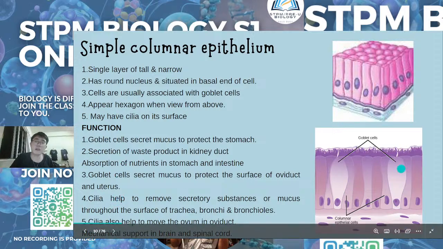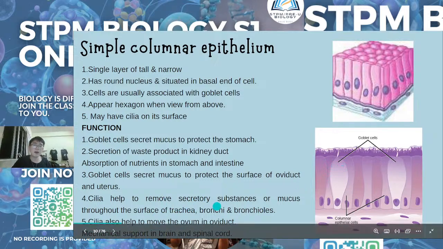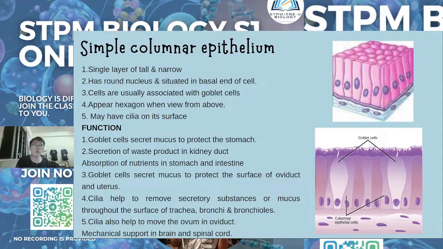And then what are the functions of cilia? Cilia normally help to remove the secretory substance or mucus throughout the surface of the trachea, bronchus, and bronchiole. So this can also be found in our lung, because it needs to remove all these secretory substances and mucus.